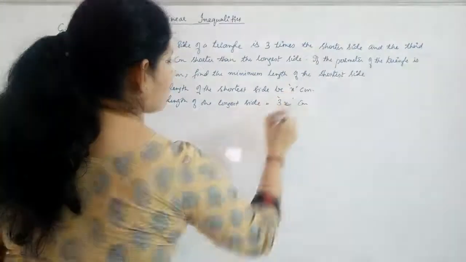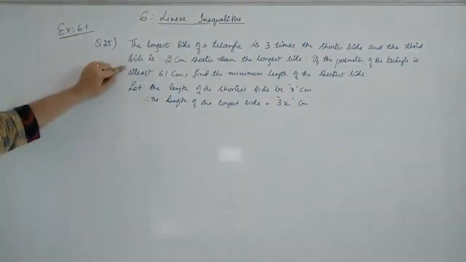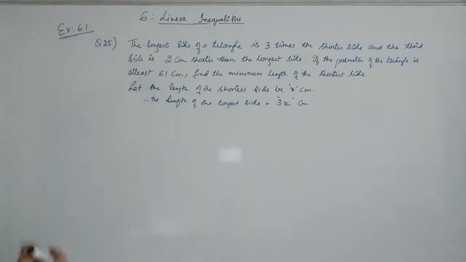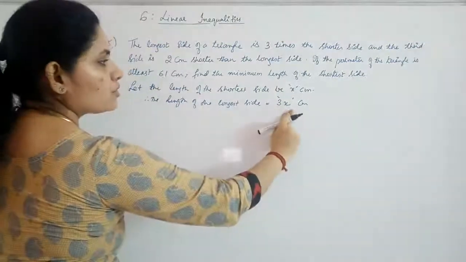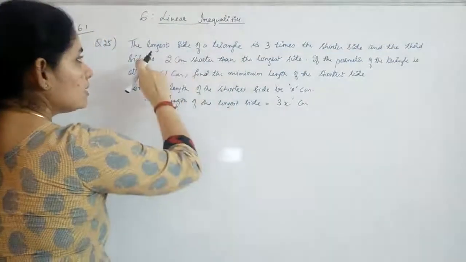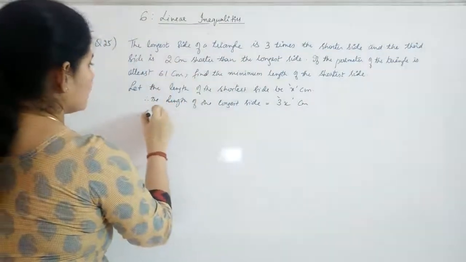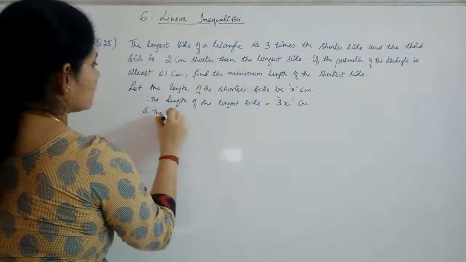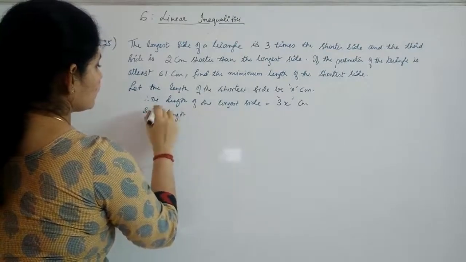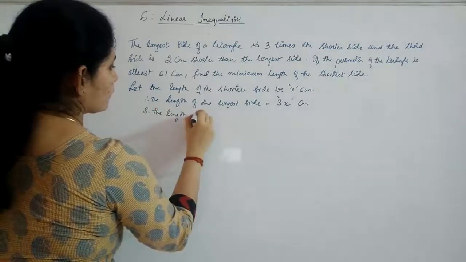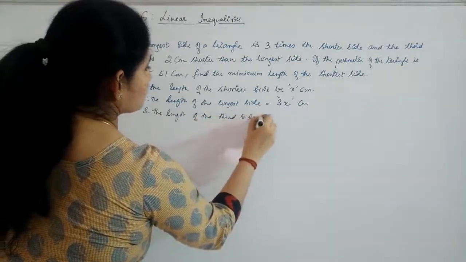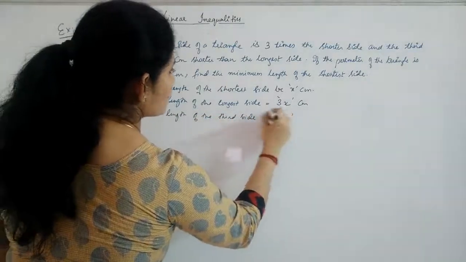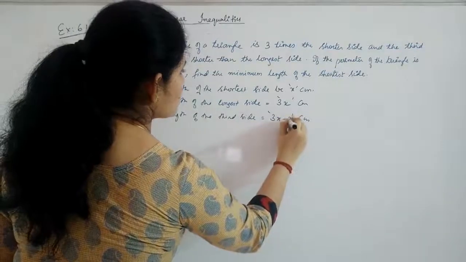Okay. Now what about the third side? The third side is 2 centimeters shorter than the longest side. This is your longest side and you have to reduce 2 from this in order to get the third side. Therefore the length of the third side is equal to 3x minus 2 centimeters.